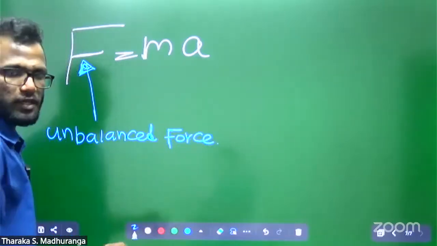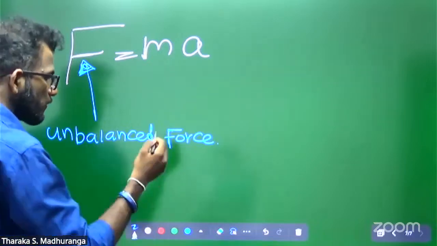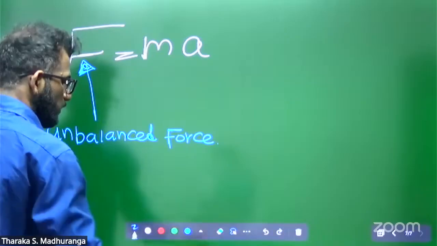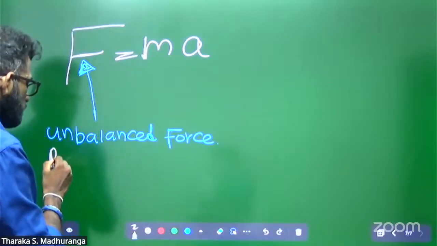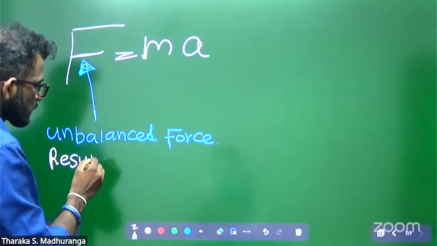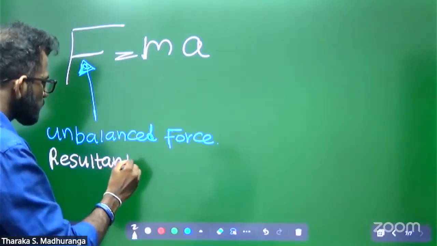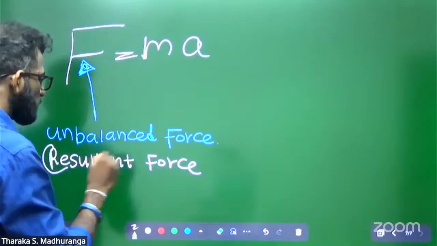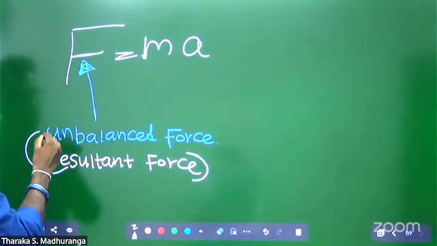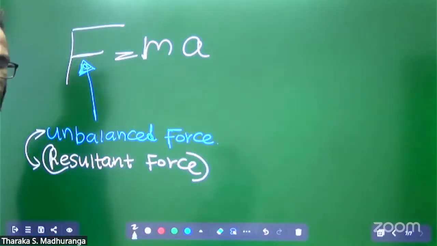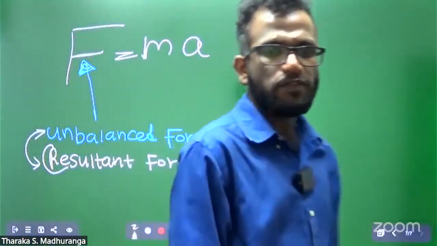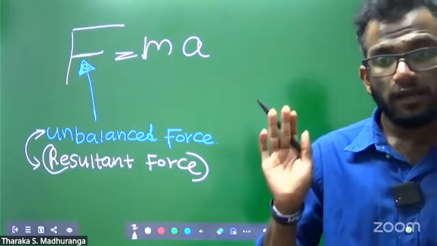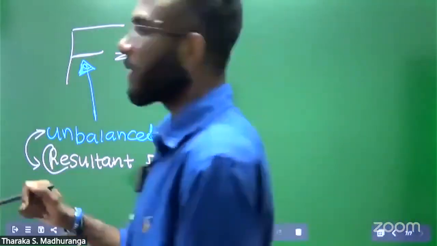In your final equation, you can name F as the unbalanced force, and within brackets you can write that it is the resultant force. I will discuss later what unbalanced and resultant mean. Both are the same. This F is not just force, it is the resultant force or unbalanced force.